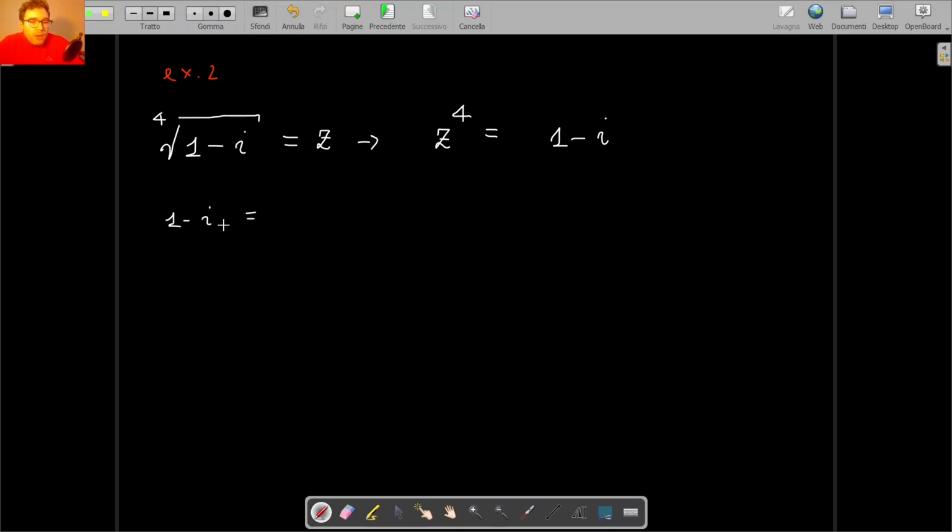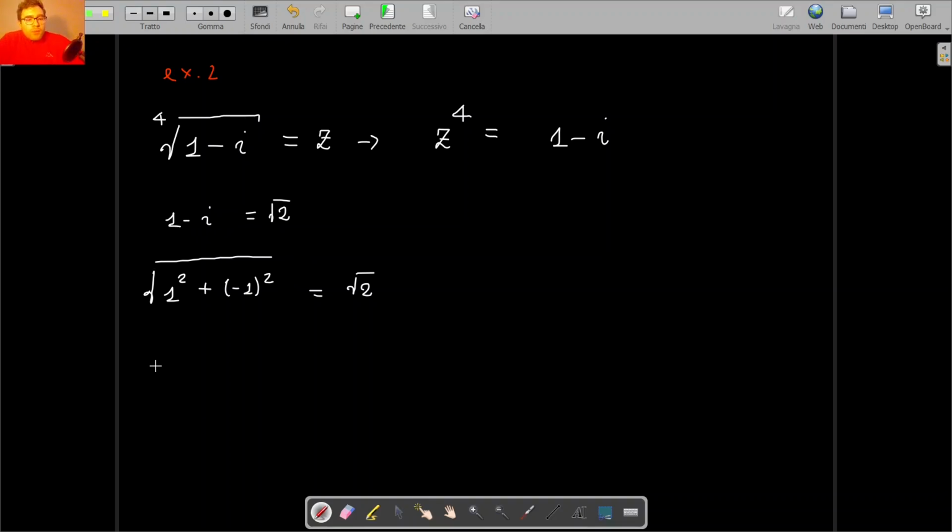We have to remember how to take the modulus of this number: we have 1 squared because it's the real part, plus the imaginary part, which is minus 1, elevated to the second power, and then we take the square root, and we obtain the square root of 2.